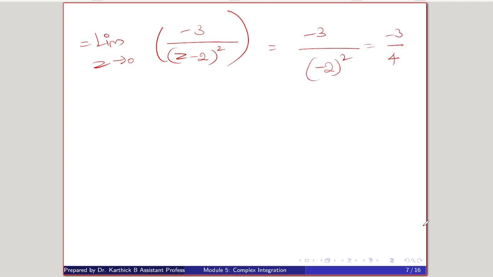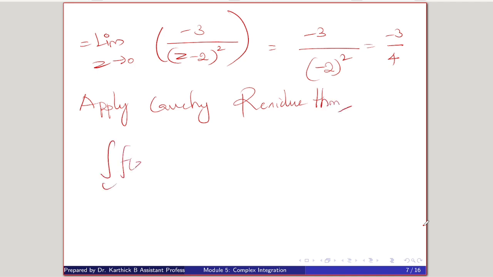So now we apply the Cauchy residue theorem. That will be the integral over C of f of z dz is equal to 2 pi i into the sum of residues. Of course in this problem we have only one residue, the residue at z equal to 0 of f of z.